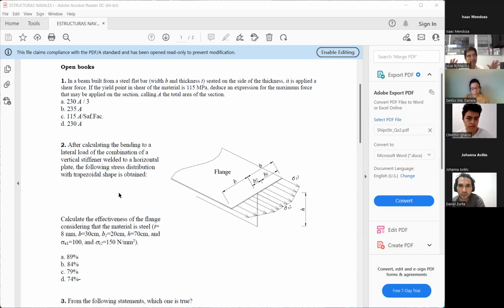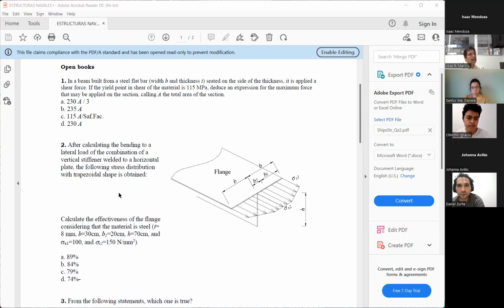It has a trapezoidal shape. Calculate the effectiveness of the flange, considering that the material is steel, thickness 8 millimeters, B 30 centimeters, B1 20 centimeters, H 70 centimeters, and sigma x1 100 and sigma x2 150 Newton over millimeter squared.